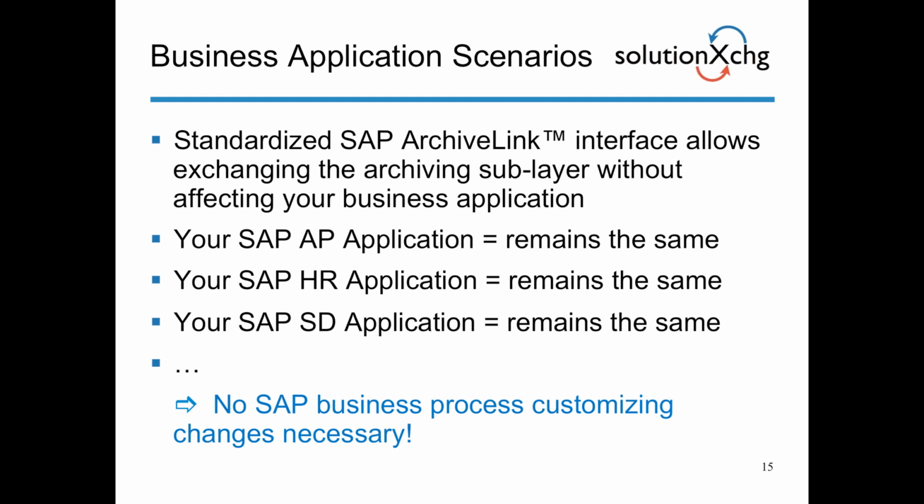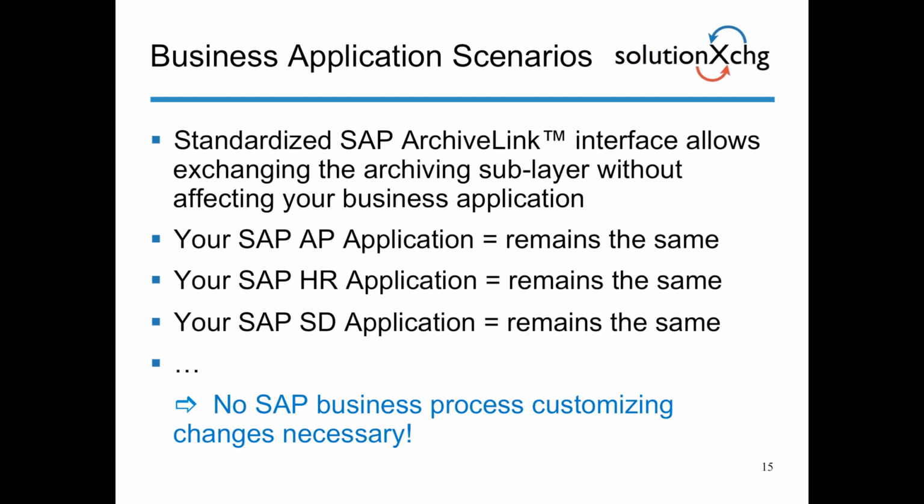This approach, because it does not change any SAP link table entries, and because SAP Archive Link is a standardized interface that allows the connection of different archive servers, means the archiving sublayer to your SAP system can be exchanged almost without, if any, effect on your business application.